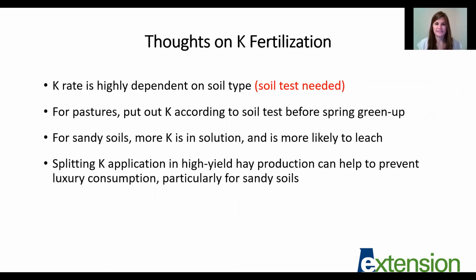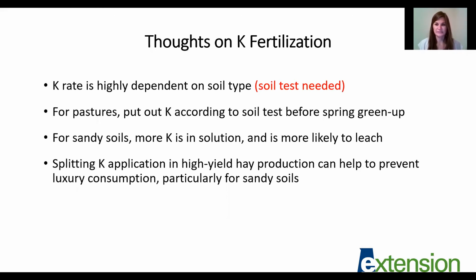So for pastures, put out potassium according to soil tests before spring green up, and then in hay production systems, because large amounts of potassium are removed, it can be a good idea to split potassium applications, especially in sandy soils, because potassium, although it's not as prone to leaching as nitrate, it can leach in soils, particularly sandy soils.